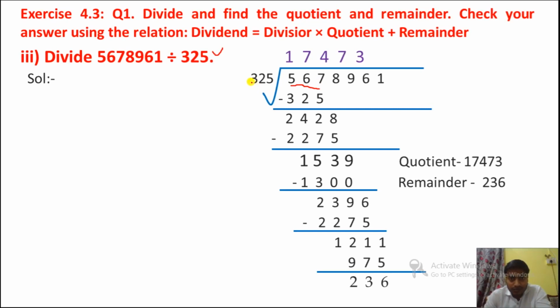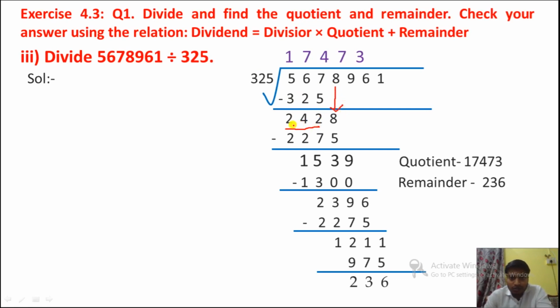First it will go how many times? 1 time. When we multiply 325 by 1, we get 325 only. Now we subtract: 7 minus 5 is 2, 6 minus 2 is 4, 5 minus 3 is 2. So we got 242. Clear?